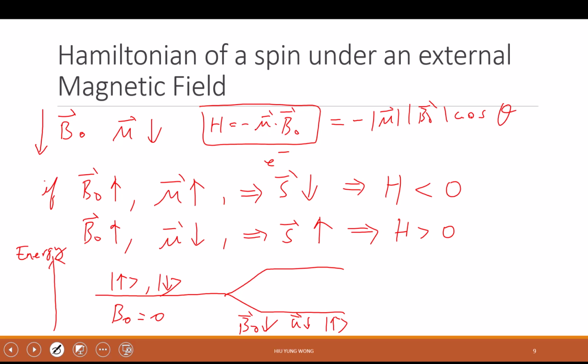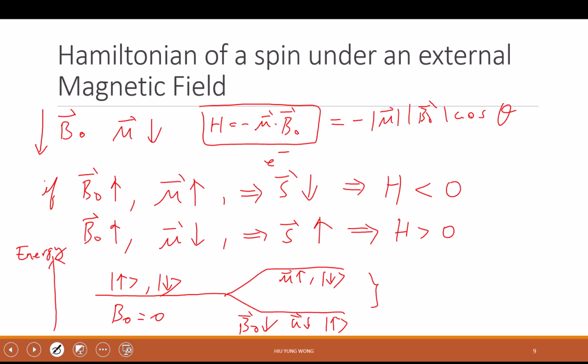But we don't even want to talk about this physics term. The one that has the magnetic moment pointing up, which is opposite to the magnetic field, means the spin is pointing down, and actually has high energy. What is the difference between these two energies?